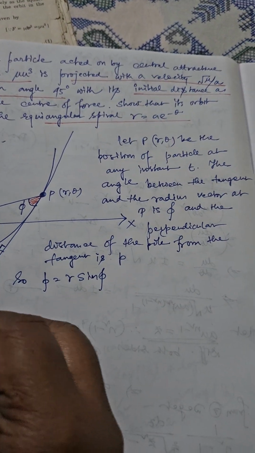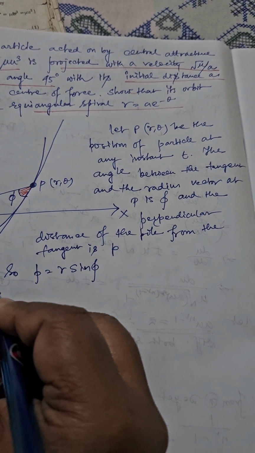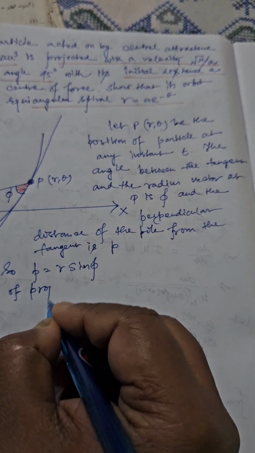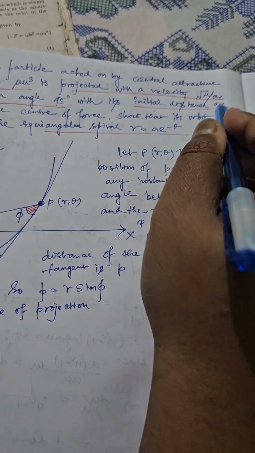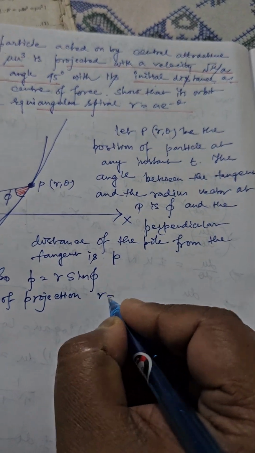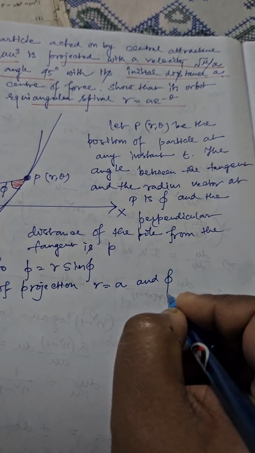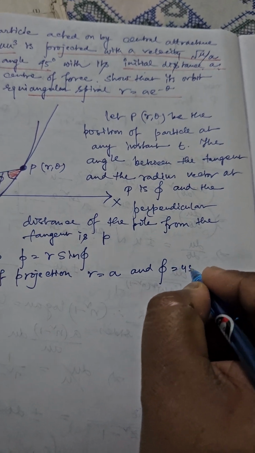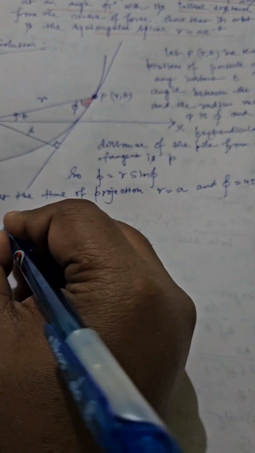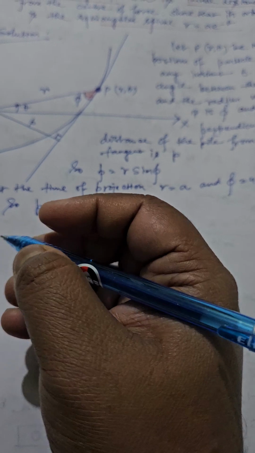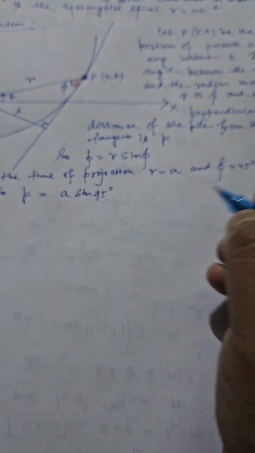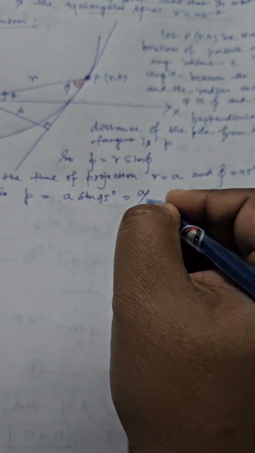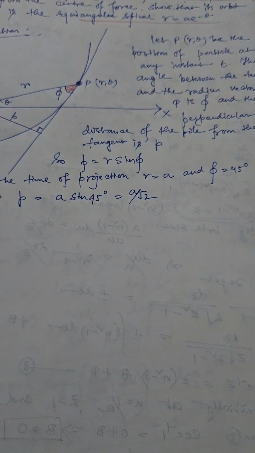Now at the time of projection, remember initial distance was supposed to be a, so you can write r equals to a and theta equals to 45 degree. So P equals to a sine 45. So it will be equal to a by root 2.